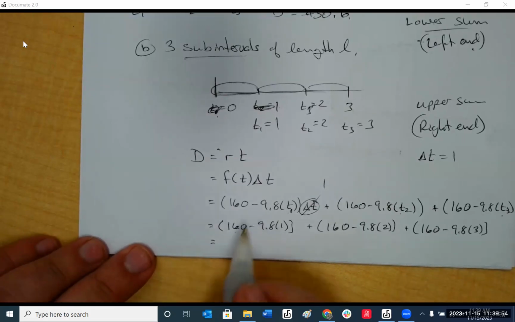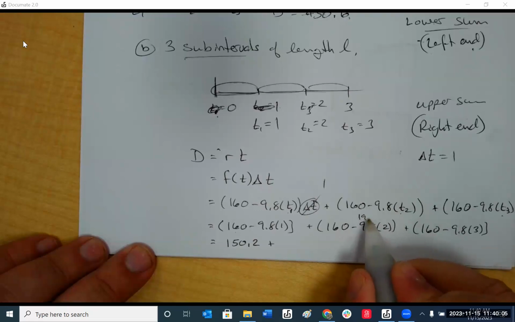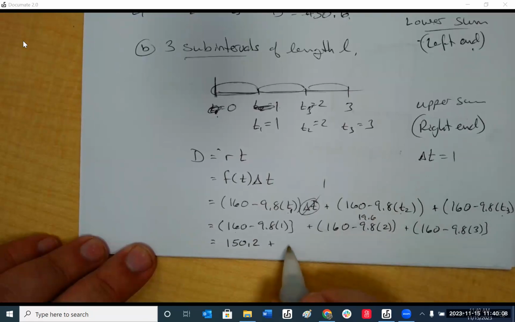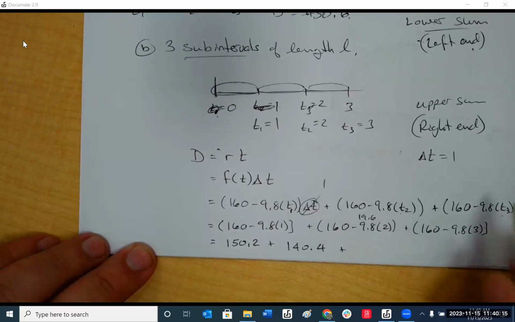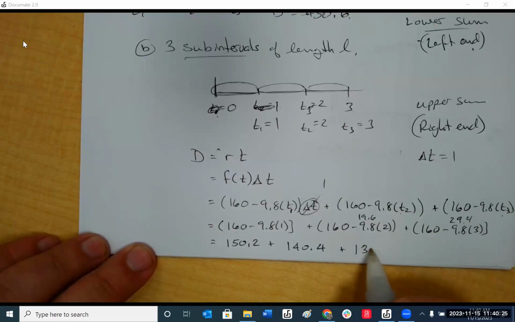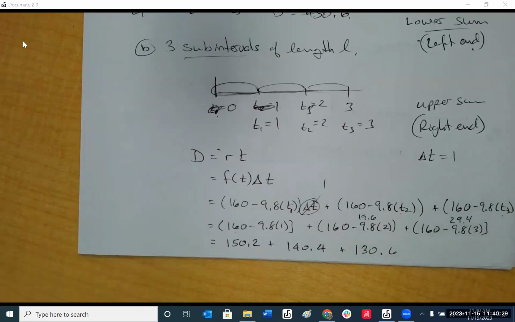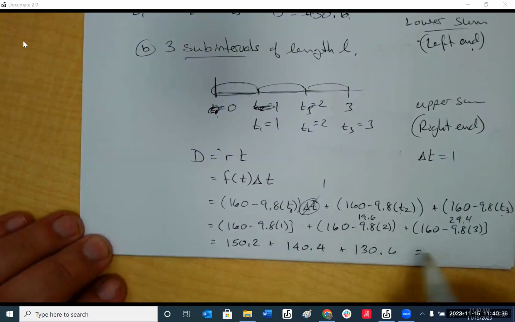So 160 minus 9.8 is 150.2. 9.8 times 2 is 19.6, so that's 140.4. 9.8 times 3 is 29.4, so 160 minus 29.4 is 130.6. Adding these makes 421.2.